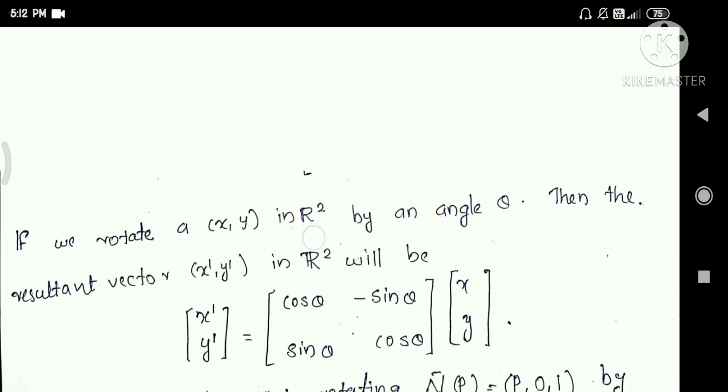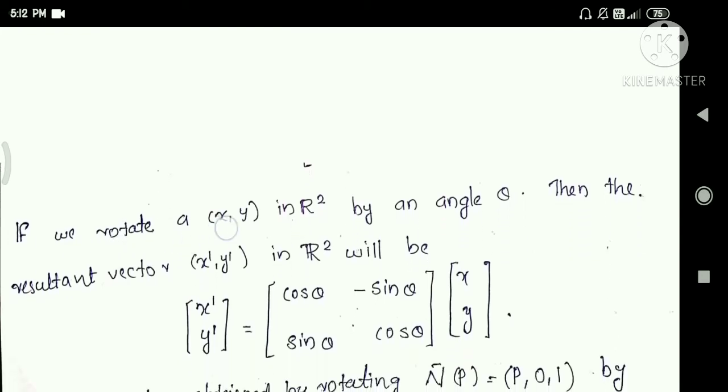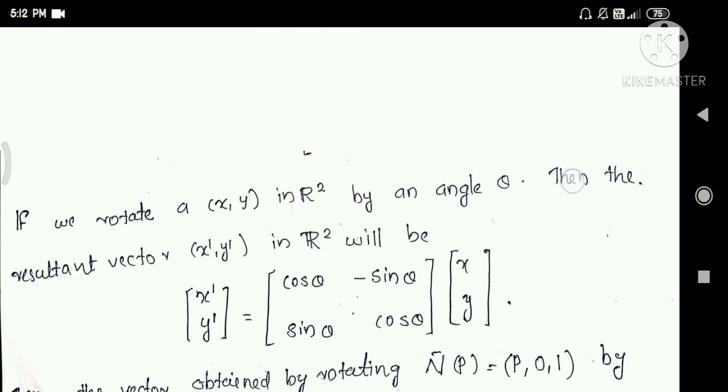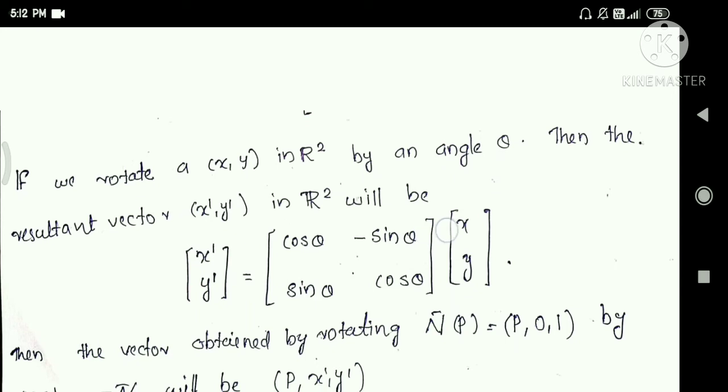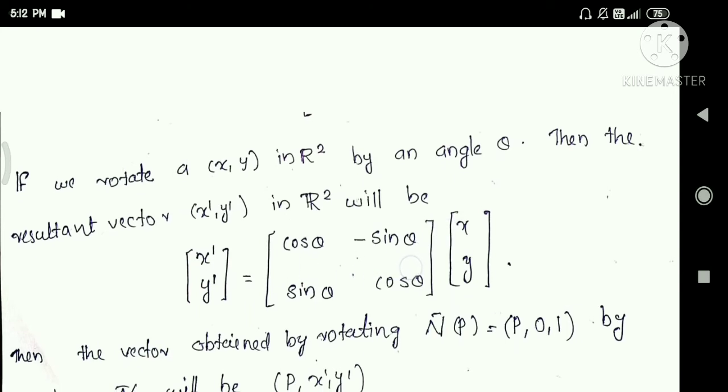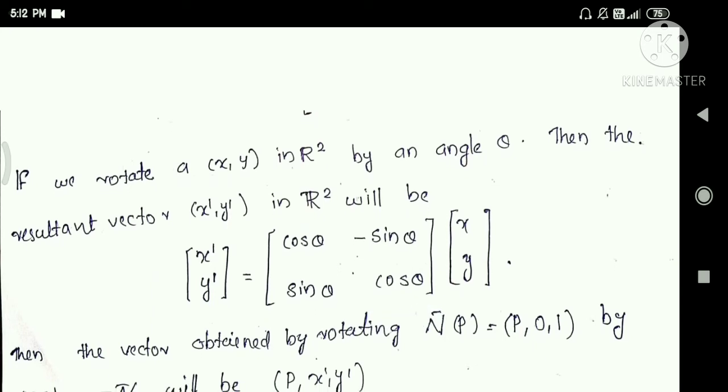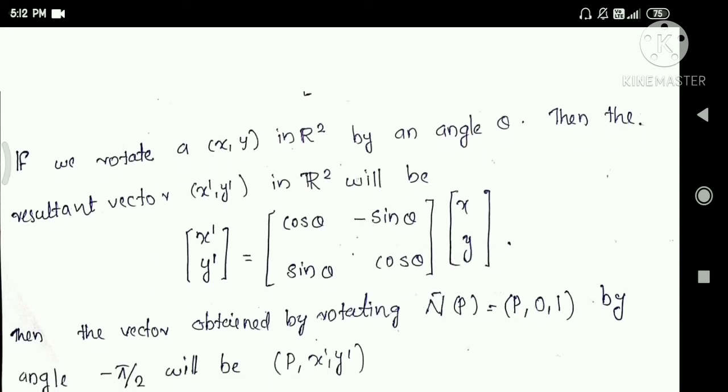Also we know that if we rotate a point xy in R2 by an angle theta, then the resultant vector x dash y dash in R2 will be equal to the matrix cos theta, minus sin theta, sin theta, cos theta, into the matrix xy.